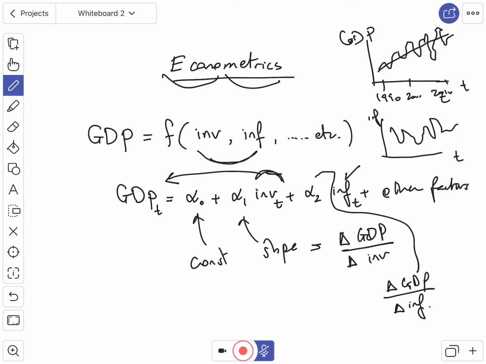By the end of the day, I'm going to have a number for alpha 1, a certain number for alpha 2, and a certain number for the intercept. When I say a certain number, we call it an estimation. So I'm trying to estimate.